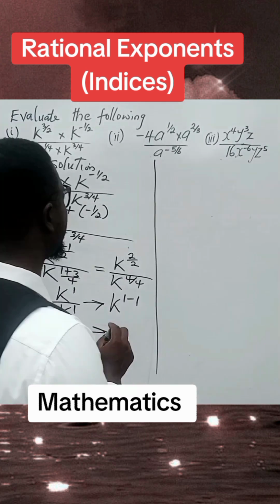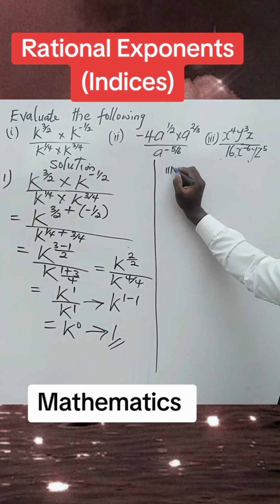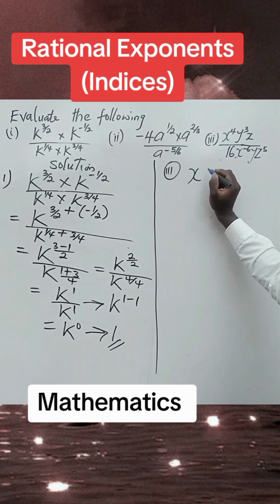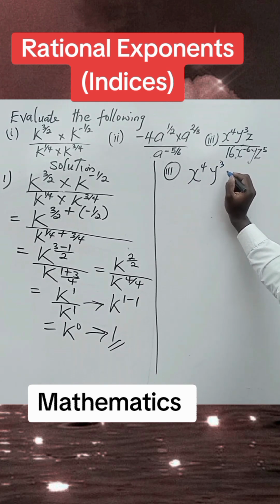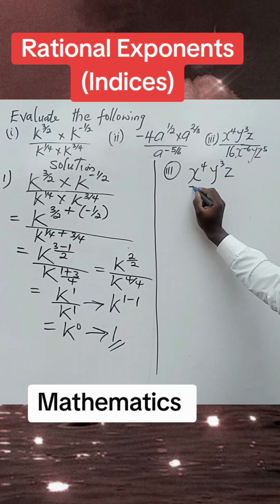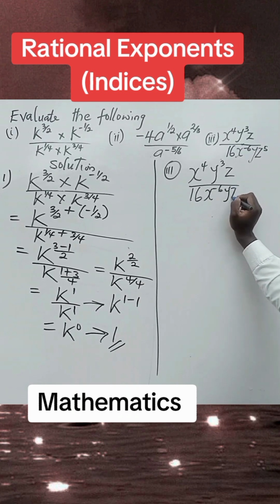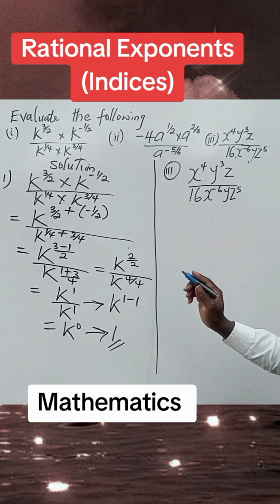So let's go for the third one, number 3. The question is x raised to the power of 4, y raised to the power of 3, and z, all over 16 x raised to the power of minus 6, y, z to the power of 5. Quickly, what you do is separate the terms.